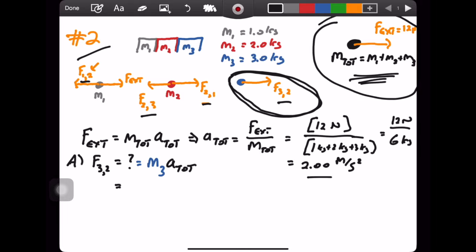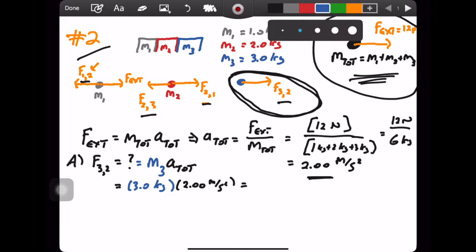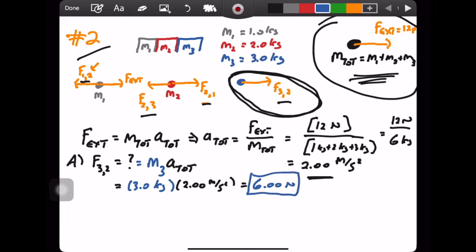I already solved for the A total, and so this is just going to be equal to 3.0 kilograms multiplied by, remember I just solved for the acceleration total, which is acceleration of each of the individual blocks. That's 2.00 meters per second squared. And this gives me an answer of 6.00 newtons. Again, I'm taking my answer out to 2 decimal places.